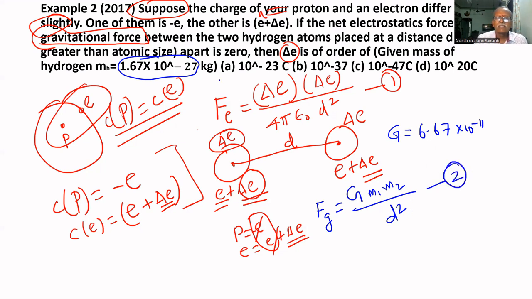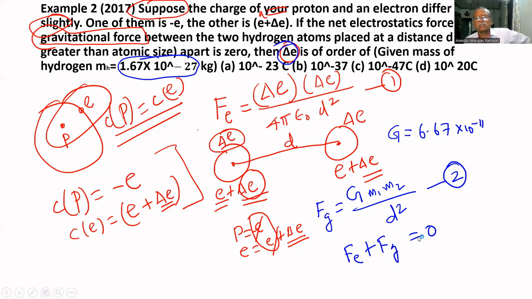Now, what is asked? Delta e is of the order of... the value of delta e is asked. So Fe plus Fg equals 0, that is given. Once again, we will read the question. Suppose the charge of a proton and an electron differ slightly. Proton is minus e, and the other is e plus delta e. Therefore, this atom is charged by delta e.